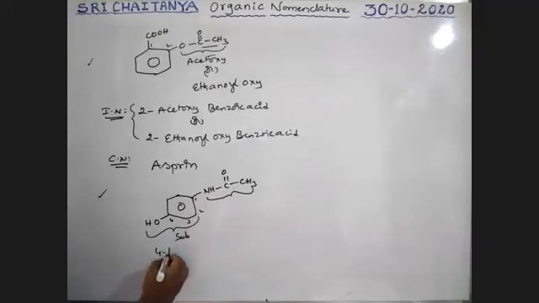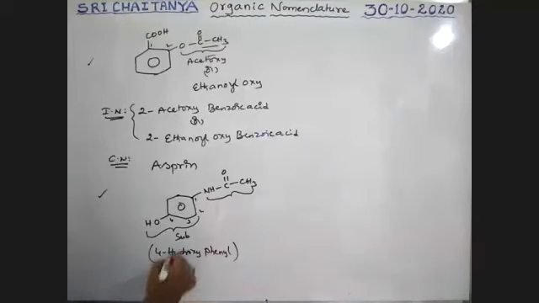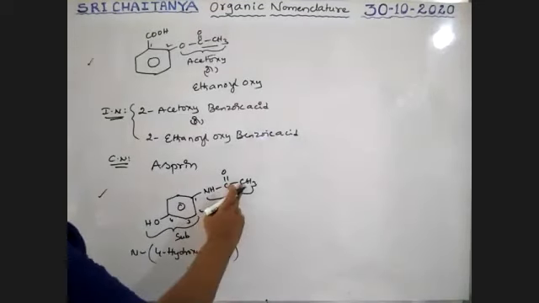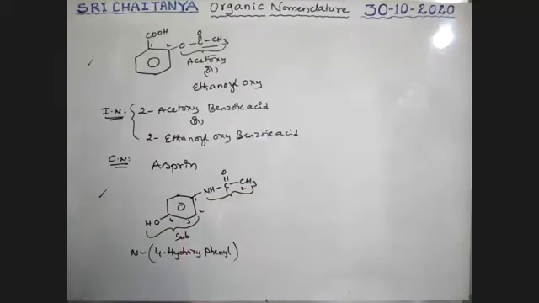Therefore, 4-hydroxy phenyl. Where is it attached, boys? To nitrogen, N. 4-hydroxy phenyl, 1, 2, ethanamide.